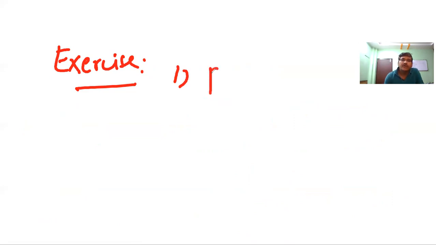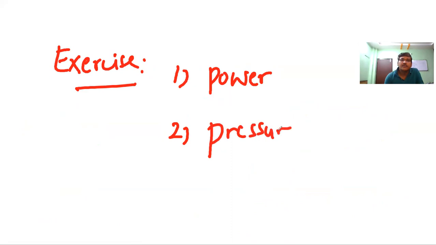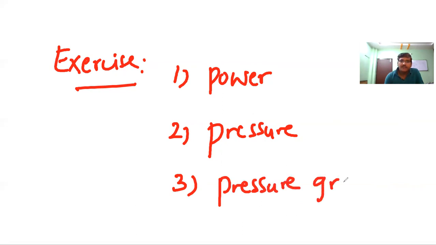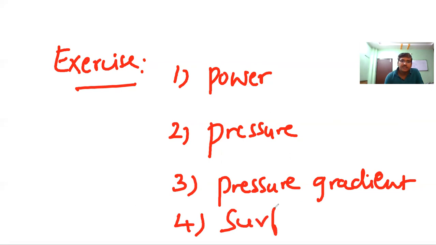Number 1, power. Number 2, pressure. Number 3, previously we have seen pressure gradient. Number 4, surface tension.